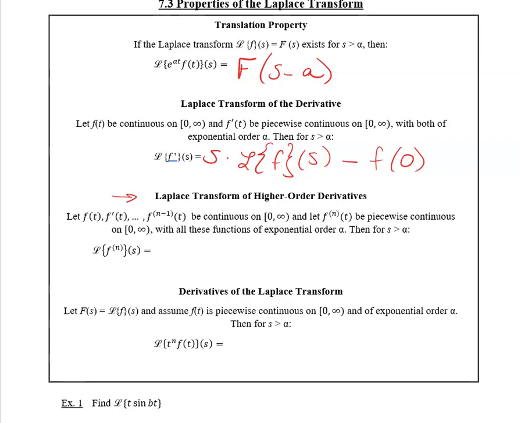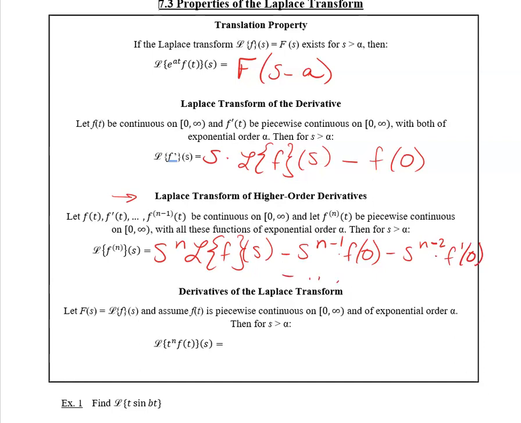The Laplace transform of the nth derivative, so any higher order derivative of a function, is going to be s to the n times the Laplace transform of f, minus s to the n minus 1 times f of 0, minus s to the n minus 2 times f prime of 0, and it follows a pattern, minus dot dot dot, all the way down to the n minus 1th derivative evaluated at 0.